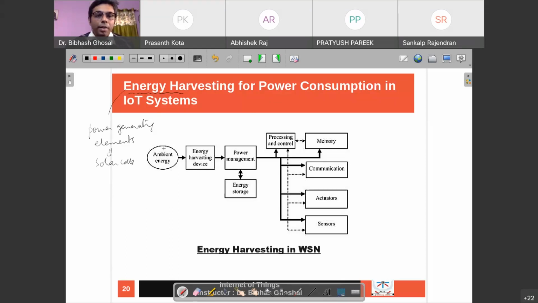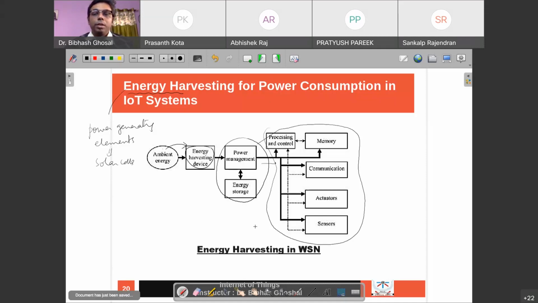The energy harvesting device collects some energy from the physical world from the environment itself, and by using some power generation technique, you generate power and feed it to your sensor network, so that the power source is constantly being supplied.